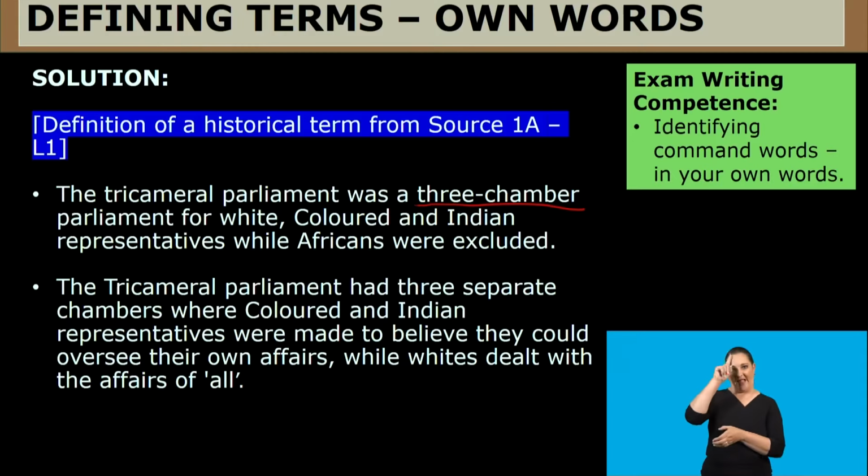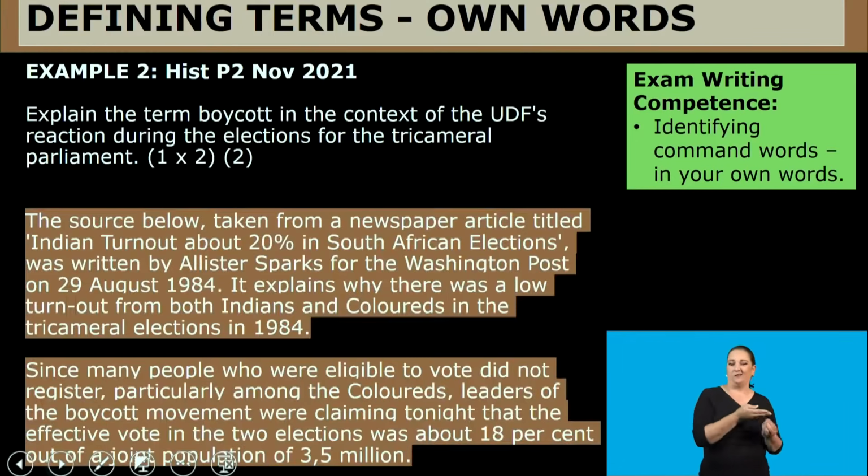Another explanation is the tricameral parliament had three, so it's very, very important to include three because it's tri, which means three. It was three separate chambers where colored and Indian representatives were made to believe they could oversee their own affairs, while whites dealt with their affairs of all. Very important to include that word three.